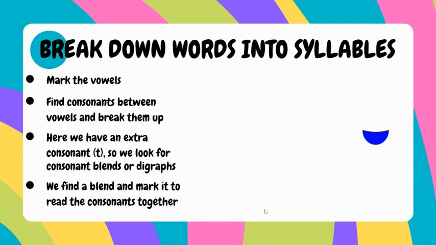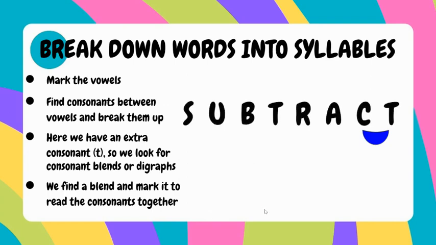This next one, we want to break down the word subtract. For subtract, we have two vowels, a U and an A. And so we usually have our scholars split the word.